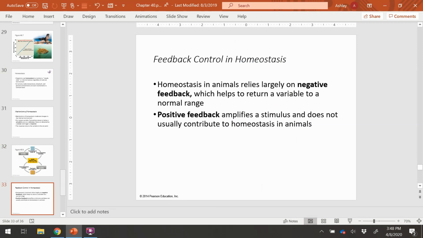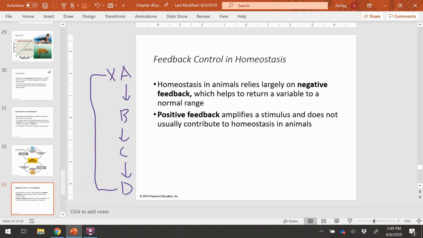Homeostasis in animals relies on a process called negative feedback. Feedback is usually something like an enzyme pathway that converts one product down the pathway to an end product, and when this end product is in high enough concentration, it stops the first product from getting converted.